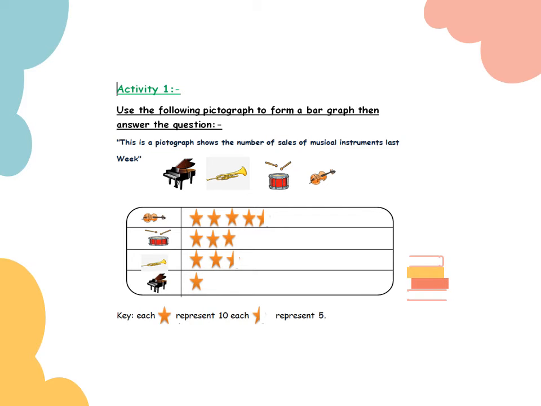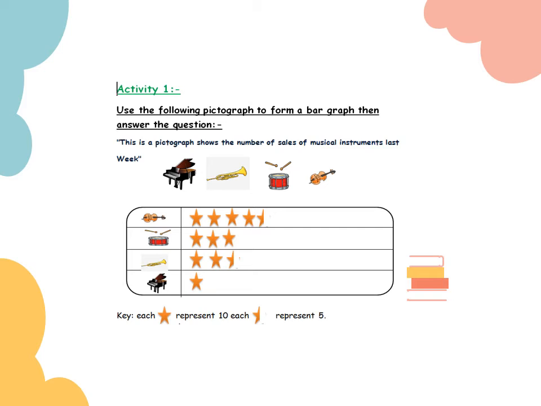Activity number 1. Let's see here. This pictograph shows the number of sales of musical instruments last week. We have here a piano, trumpet, drums, and violin. How many violins have been sold last week?